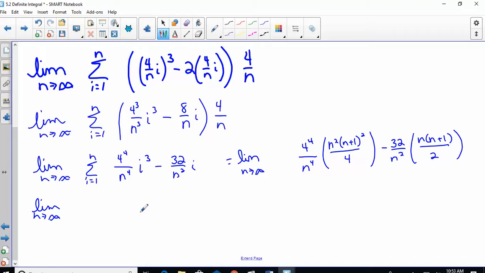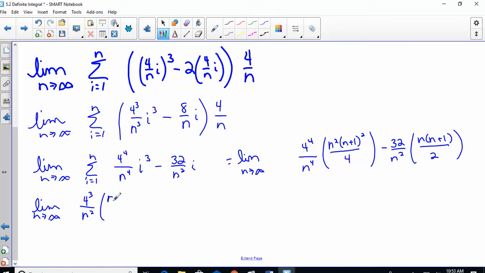Okay, so now looking through this, I want to reduce as much as I can here. I could cancel an n squared, I could cancel a 4, so I get 4 to the third over n squared.